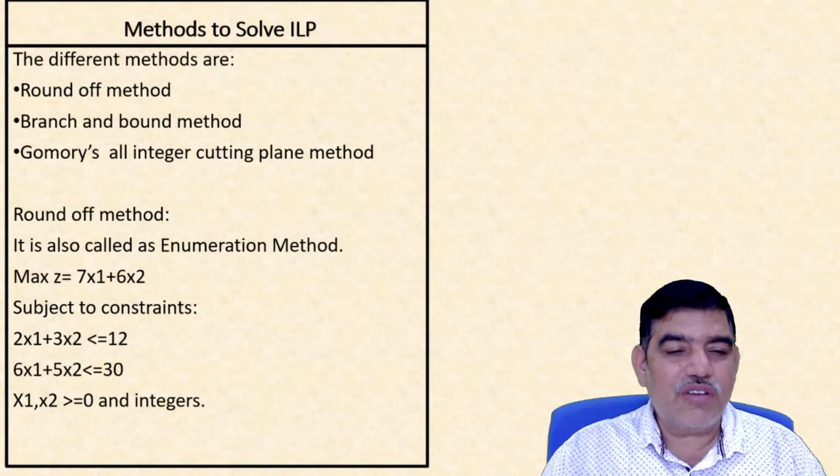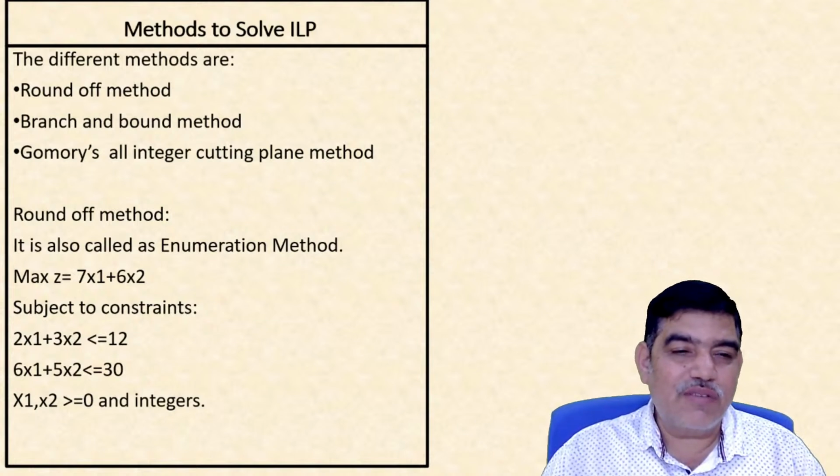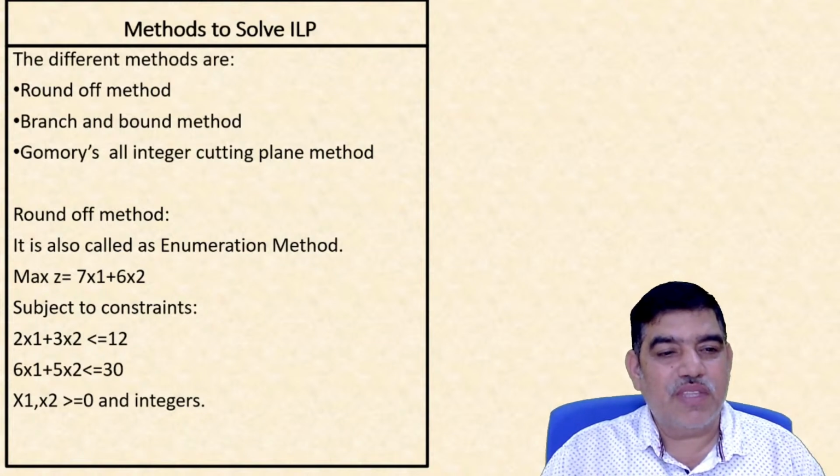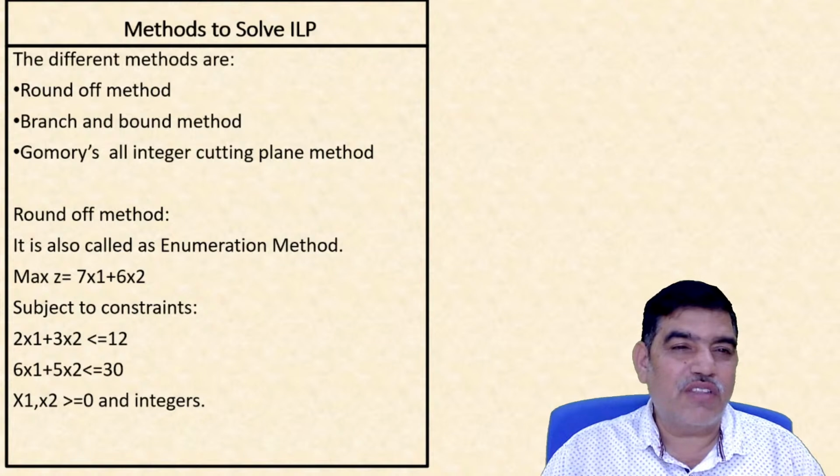If there are two decision variables, we can solve it by using the graphical method. We know from the earlier classes there are two methods to solve a linear programming problem: one is the graphical method, another is the simplex method. If there are more than two decision variables, we can use the simplex method. The graphical method is not used then.